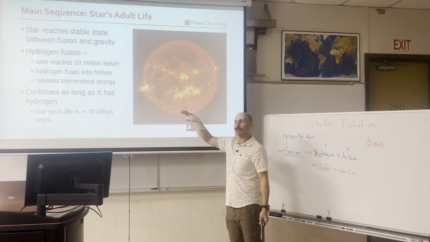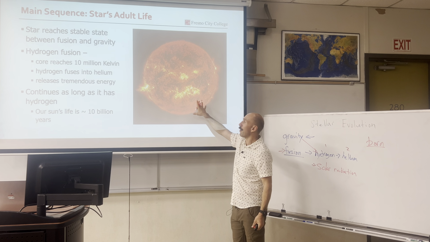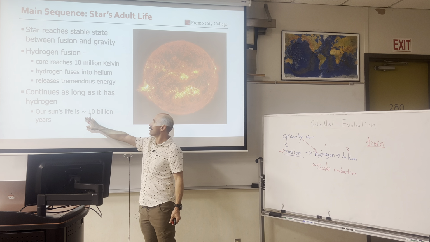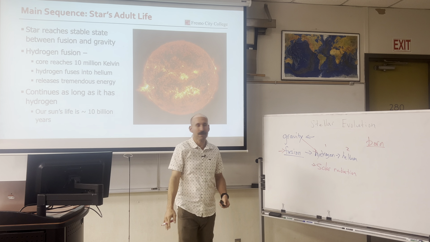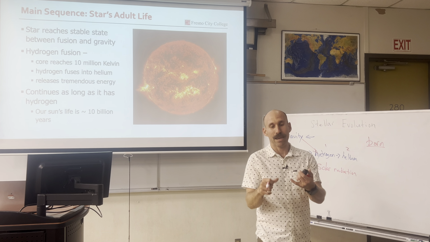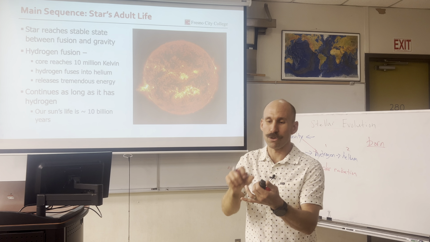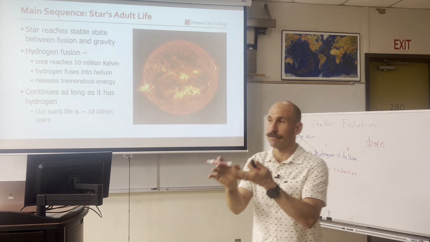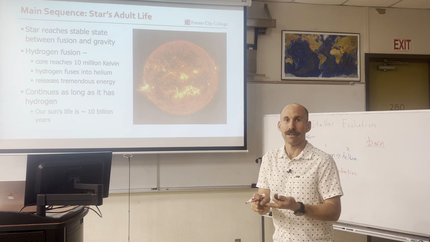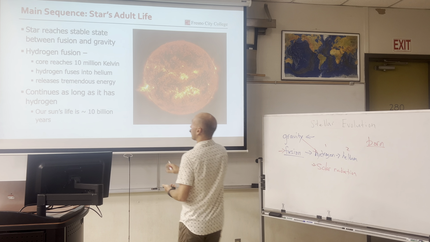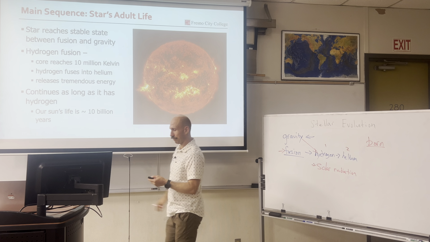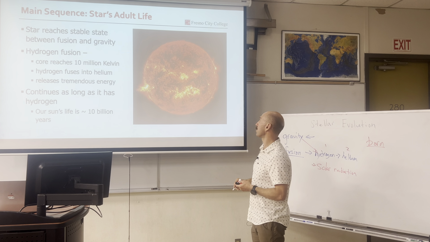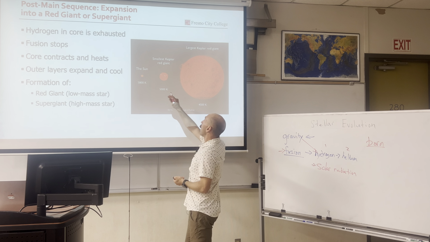It's in the main sequence star stage, and it's stable about halfway through its life. Our sun will live about 10 billion years, so about another 5 billion years. That's based on its size and its luminosity and the amount of solar radiation that it's emitting. Fancy calculations have been created. So there's a lot in this figure that says we're about halfway through our existence in the solar system.